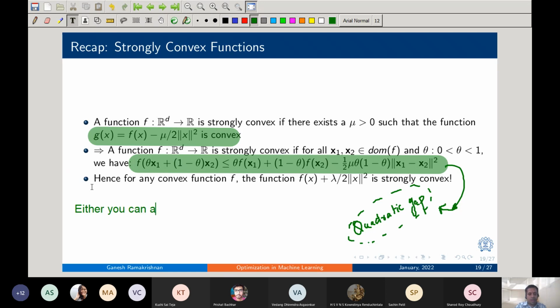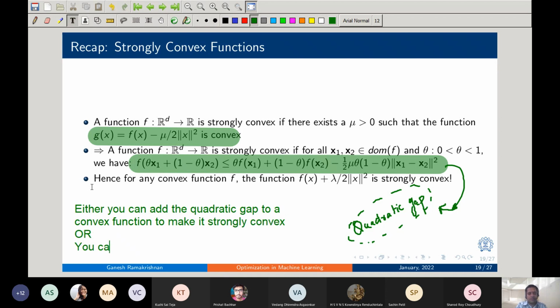Or you can add the quadratic gap to a convex function to make it strongly convex, or you can remove that gap. And now I'm just saying quadratic gap, but you could change it to some other gap for other notions of strong convexity, right?